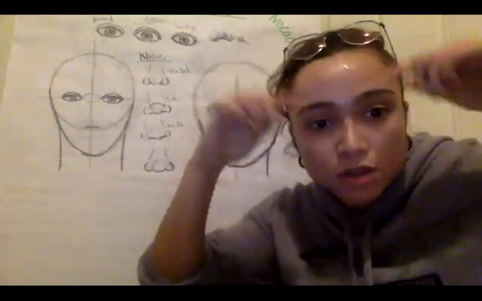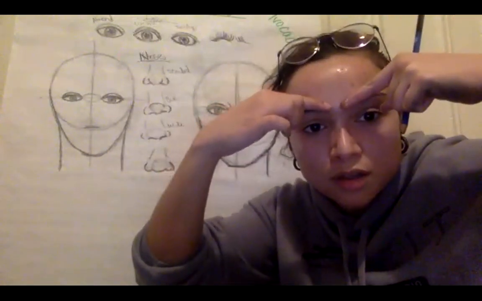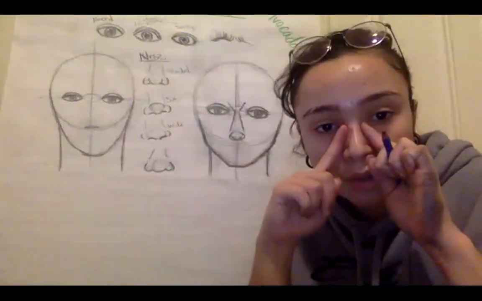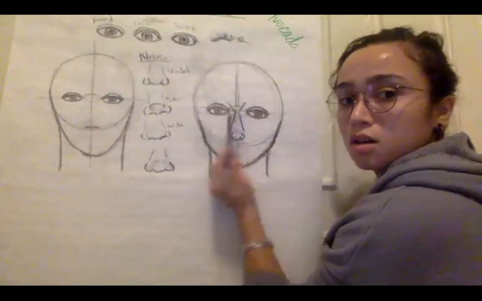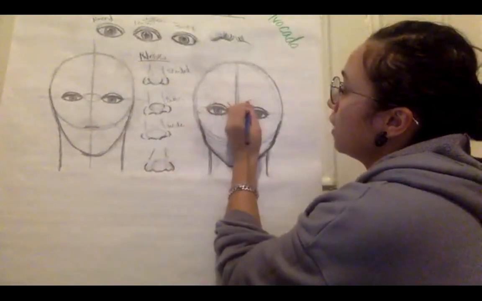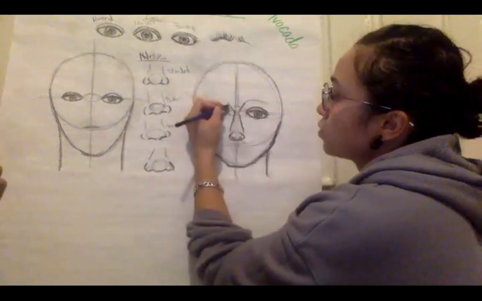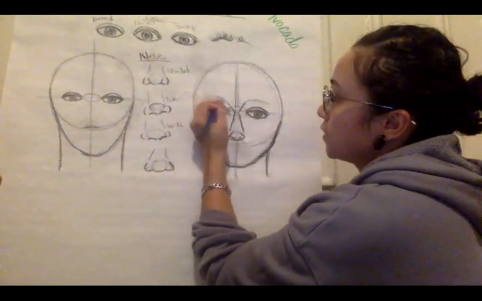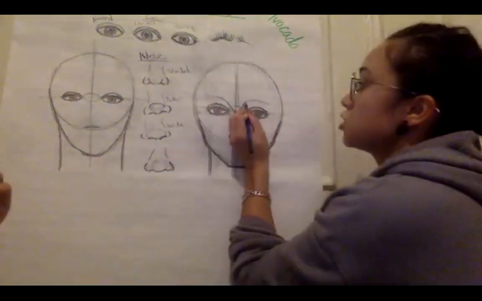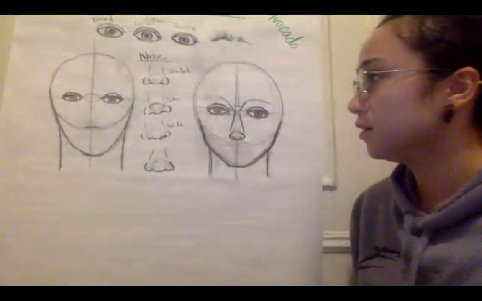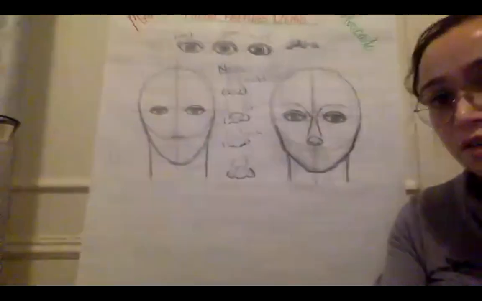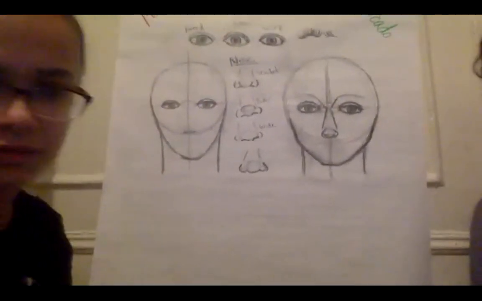And my eyebrows are here, they're not all the way in here. So I had to widen out my bridge just a little bit. And then I put a line for where my eyebrows will be. I'm not doing my eyebrows yet. I just want to see where they are.